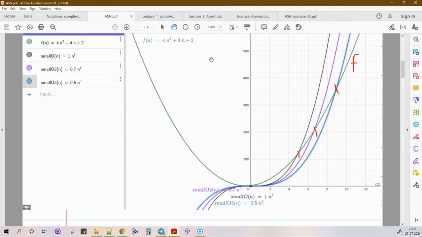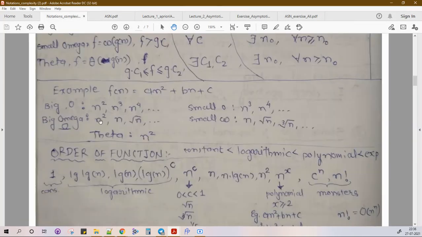Or n to the power 4, because your n square, n cube, n to the power 4 will always be greater than n square, right? However the n square will change, your n cube, n4 will change faster, right? It will always be greater than n square. If you take n equal to 10, then here it would be just 100, but n to the power 4 would be 10,000, correct, like that.